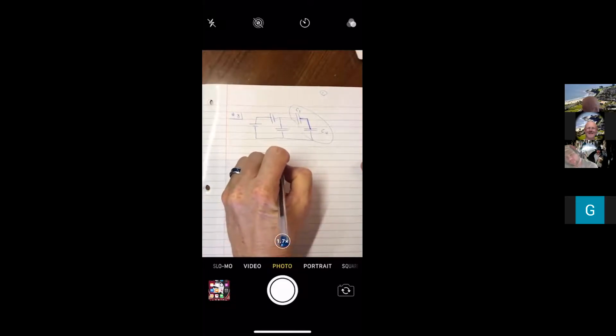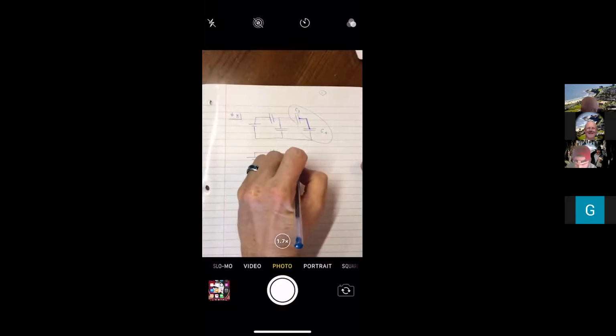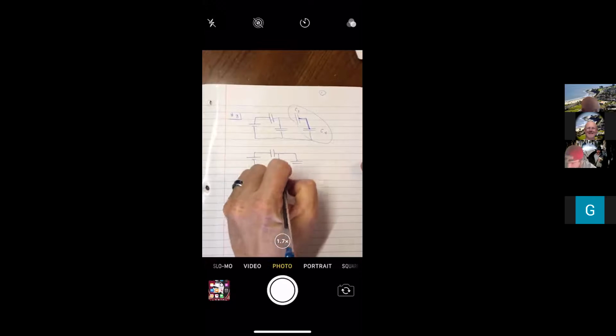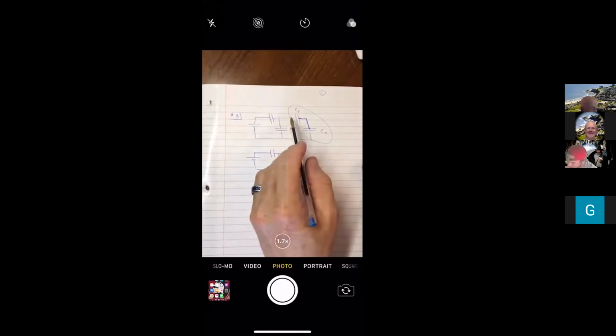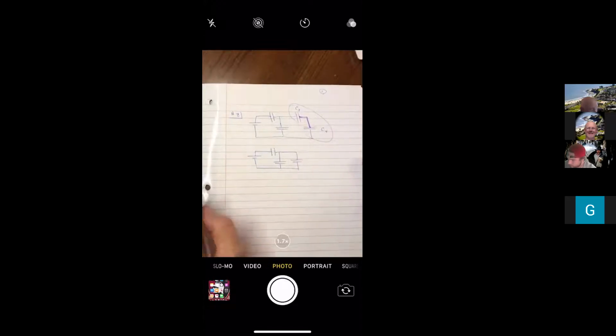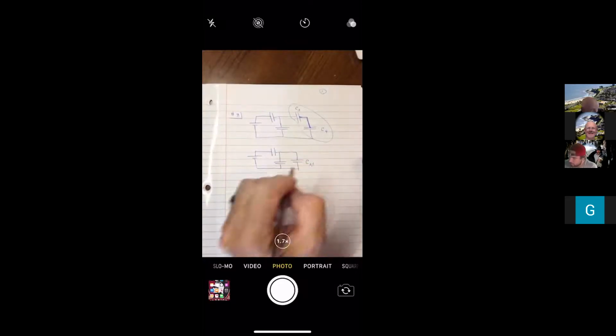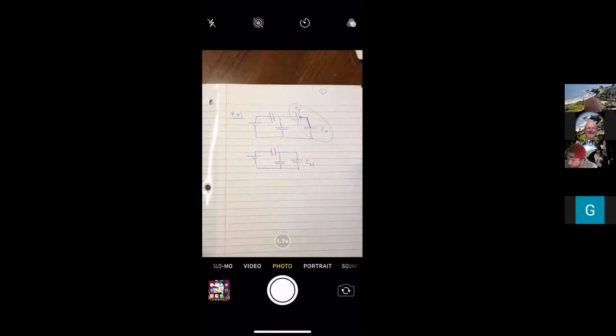So leaving capacitor 1 and capacitor 2 alone for a moment, I am going to replace these two capacitors, 3 and 4, with its equivalent. So I think I'll write it as capacitor 3, 4. Maybe I should put a comma, otherwise it looks like capacitor number 34. And I could even do a calculation.